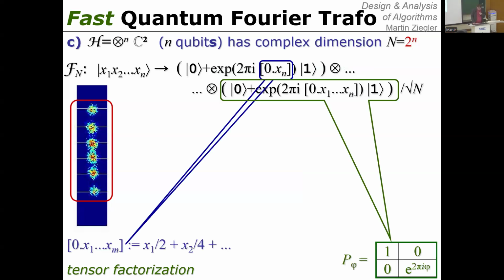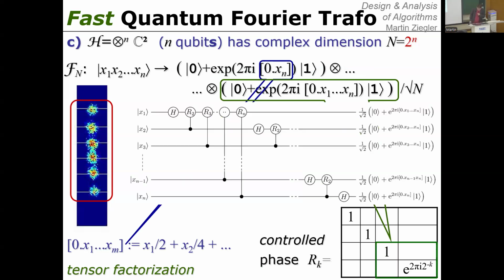Again, I'm going to skip a lot of mathematics here and show you the resulting circuit, turning this mathematical tensor factorization into such a circuit. You see, the circuit involves Hadamard gates, 1 qubit here, here, here, and it involves controlled phase gates on 2 qubits, but which qubit is the controlling one and which one is affected by the phase changes over time.